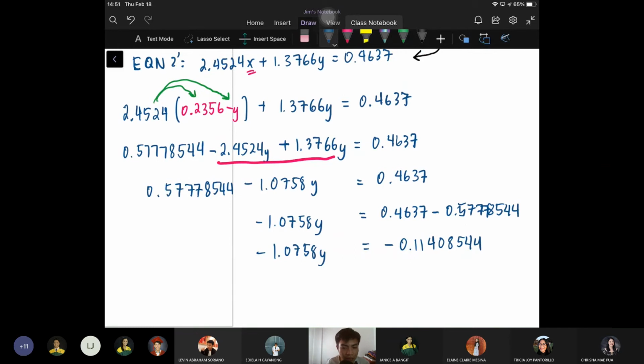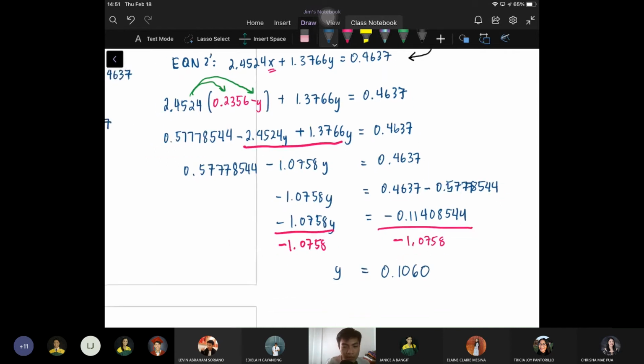For us to solve for the value of y, we have to divide both sides with the coefficient of y. No? So, divide mo lang yung both sides by negative 1.0758, negative 1.0758. So, we will solve for the value of y. No? So, y is now equal to 0.1060.